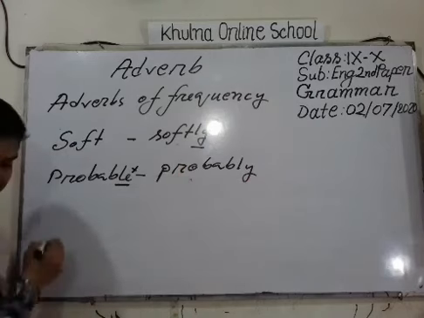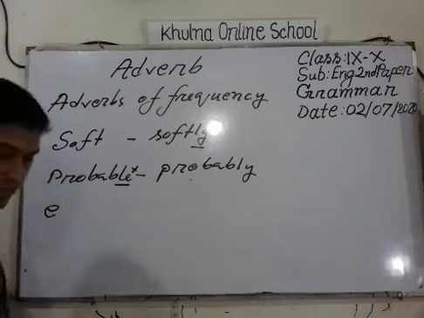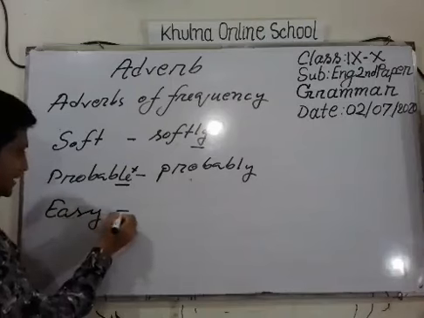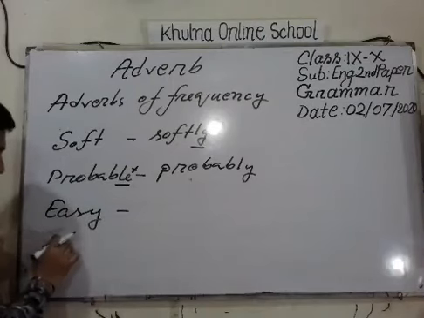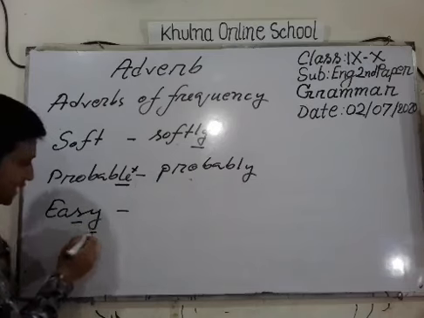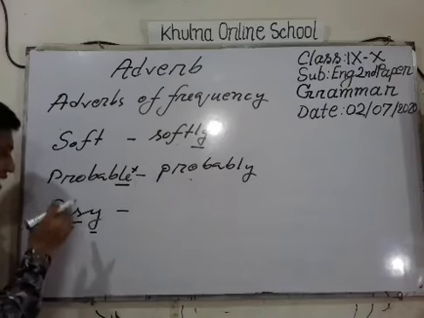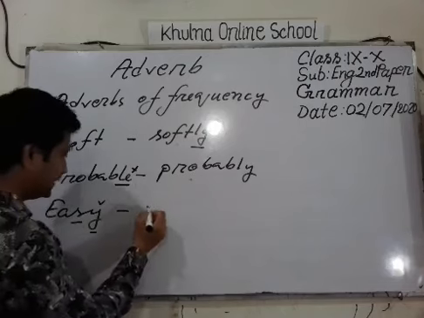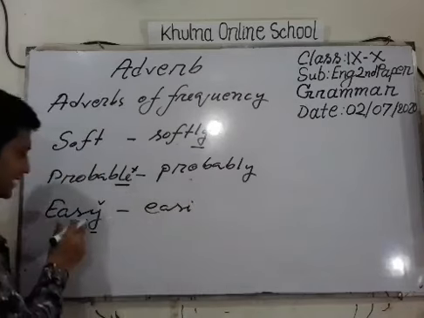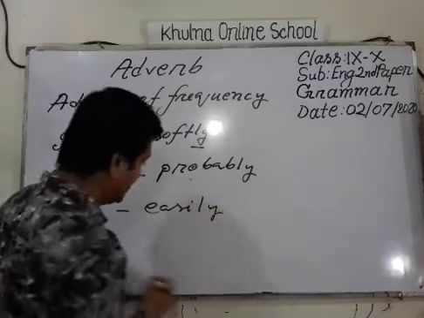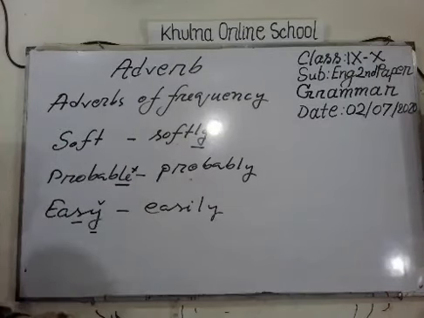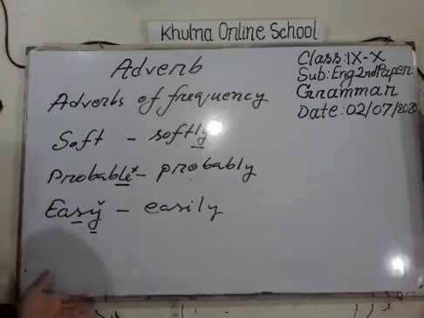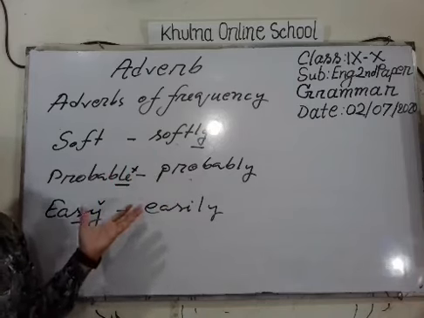But if you see easy, an adjective that ends in consonant and y, just change y into i, and then add ly. So soft becomes softly, probable becomes probably, and easy becomes easily.